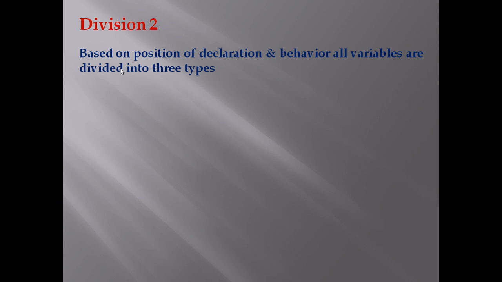And what's the behavior related to that? All variables are divided into 3 types based on their position of declaration and behavior. First is the instance variable, second is the static variable, and third is the local variable. So easy names: instance, static, and local. Easy to pronounce at least.